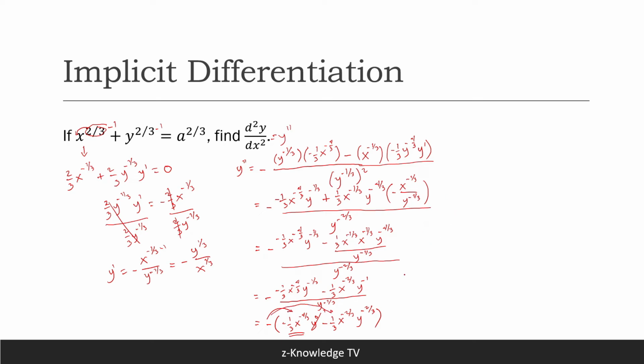Okay, so y double prime is equal to, magiging 1/3 na siya, x raised to negative 4/3. Okay, then, plus 1/3 ulit, x raised to negative 2/3, y raised to negative 2/3 din.